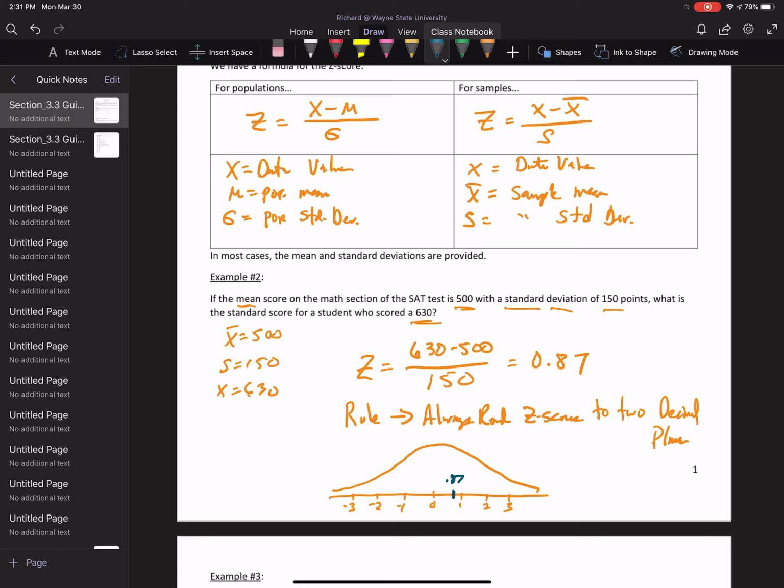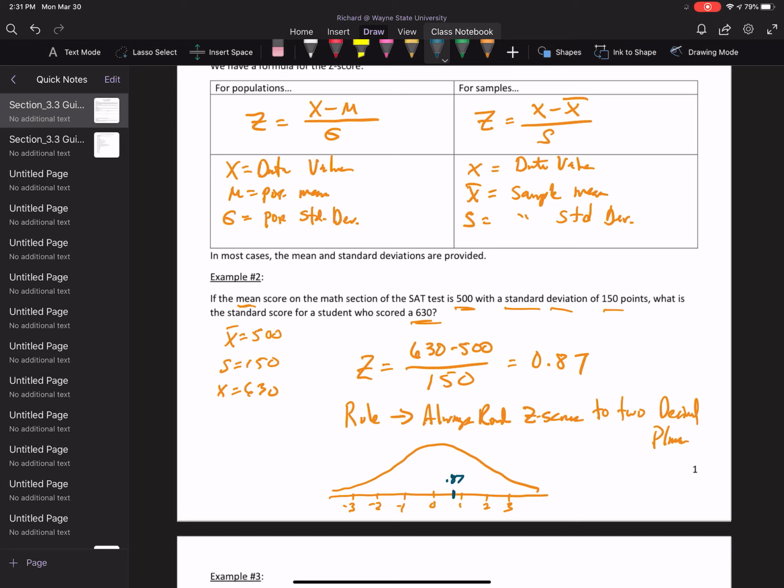Is that good? For something like an SAT score, the higher the score, the better. Since we are above the mean, that is a very good sign. The question is, is it far enough above the mean? That's relative to what the person is trying to do. What kind of school are they trying to get into that requires certain scores? As long as we're above the mean, that's what we want to be.